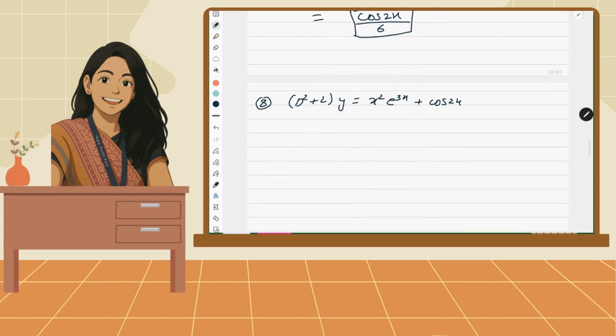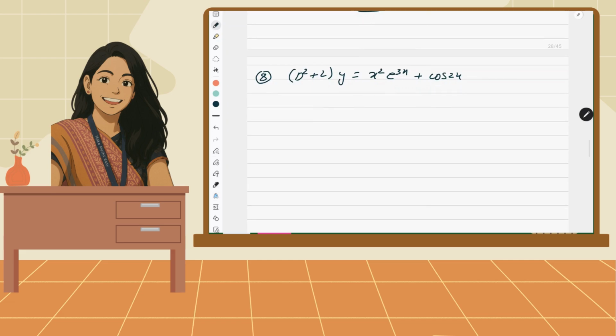Okay. Now same way you can do this question. This also has two parts. X square e to the power 3x will be solved by case 4 and cos 2x will be solved by case 2. Right. So I will just write down the answer so that you can practice. CF in this question you will get C1 cos root 2x plus C2 sin root 2x. You should not get scared if you get this type of CF.